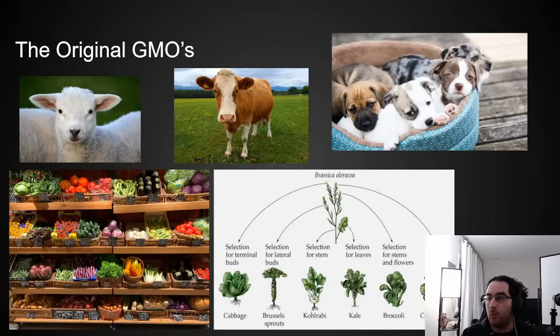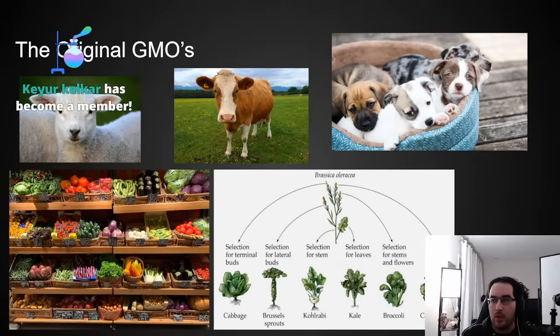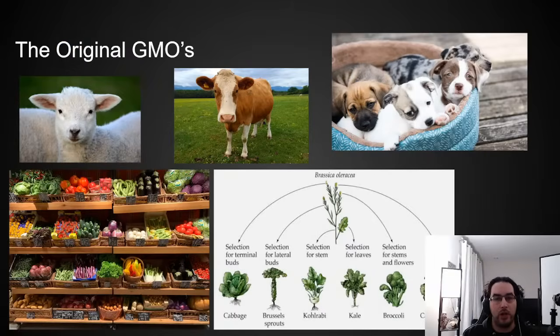Okay, let's talk about what are some GMOs, because there's some big distinctions on what counts as a GMO, or a genetically modified organism. The problem is most people don't understand just how modified our world is.